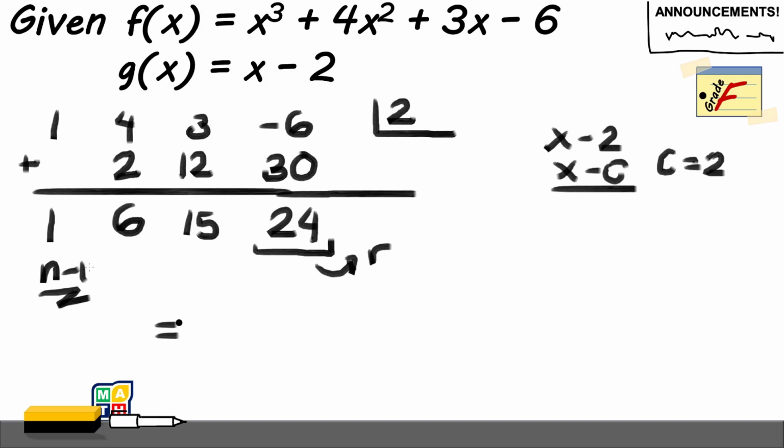Hence, the quotient is 1x squared. Since this is positive, I have here plus 6. The next term here would be x. This would be your constant, plus 15. So this is now your quotient with remainder of 24.